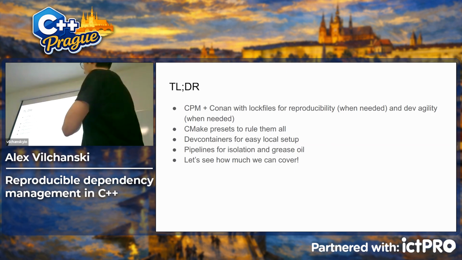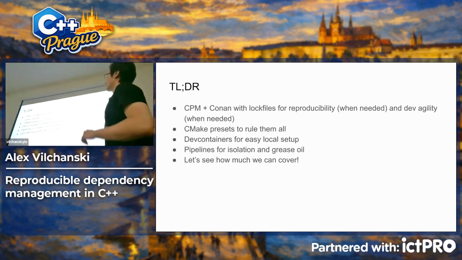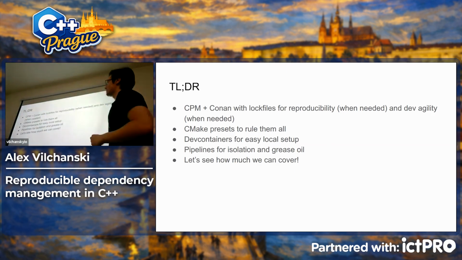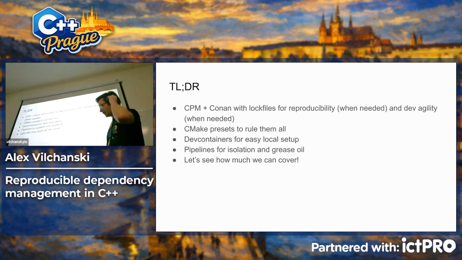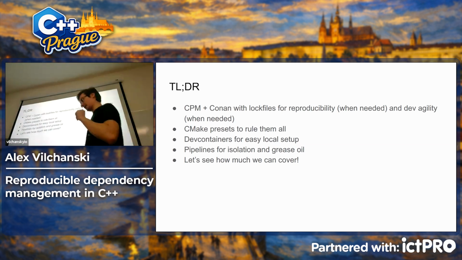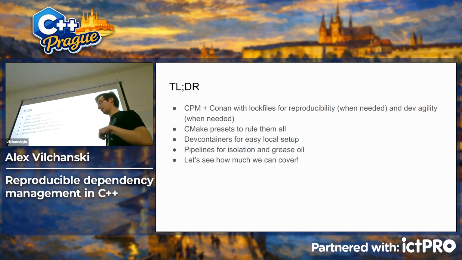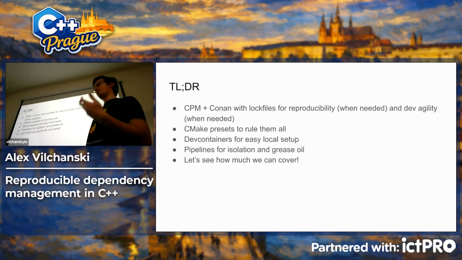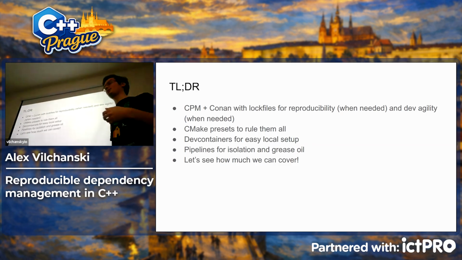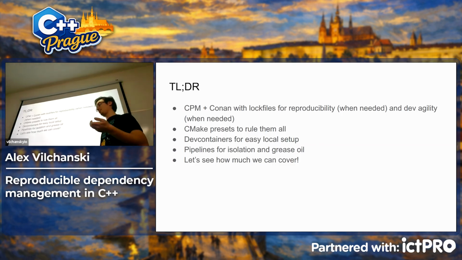So, long story short, I tried using lock files, and also I tried using CMake presets to make it all work relatively easily. Also, I addressed an issue where a user preset is needed. When you need to change something in CMake presets, the usual approach is to use CMake user presets.